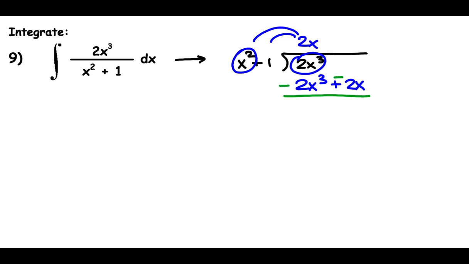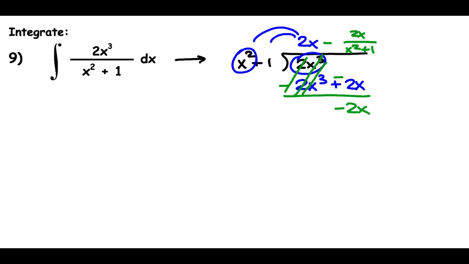Remember, we have to subtract. All right, those cancel. Again, they better cancel. We picked the wrong thing up top. We have a remainder of negative 2x. And you know what we do with remainders? We put them over the divisor. So our final answer in the long division is going to be 2x minus a fraction that is 2x over x squared plus 1.